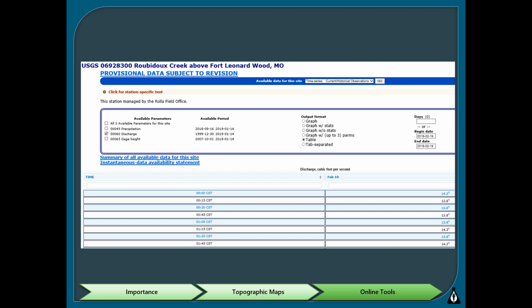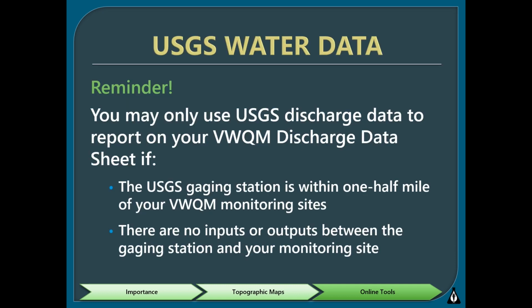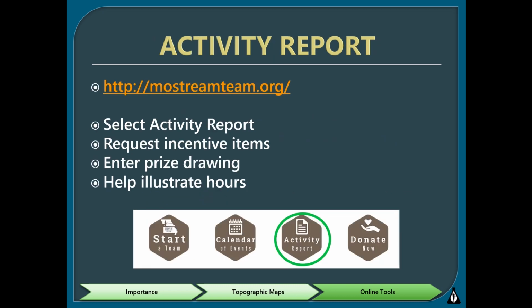So if you report using this data, you have to report the gauge station number with your flow data. So whenever you record your discharge data, you're either using our VWQM protocols or using a USGS gauging station that's within a half mile of your monitoring site, and there are no inputs and outputs between the gauging station and where you're monitoring.